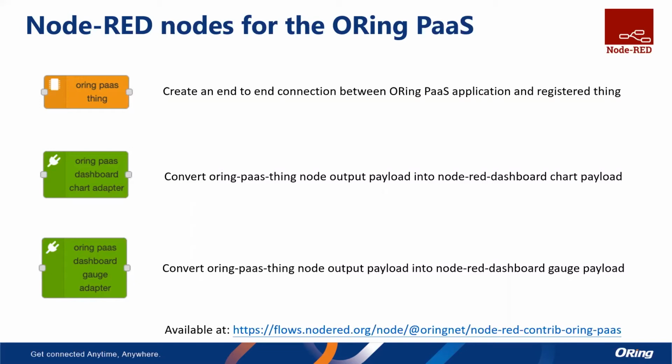In this case, we have the ORing PaaS dashboard chart adapter and gauge adapter. And this output payload converts the Thing node output payload into Node-RED dashboard payload. The components are available to download at the website below, so you can install them very easily to your Node-RED.